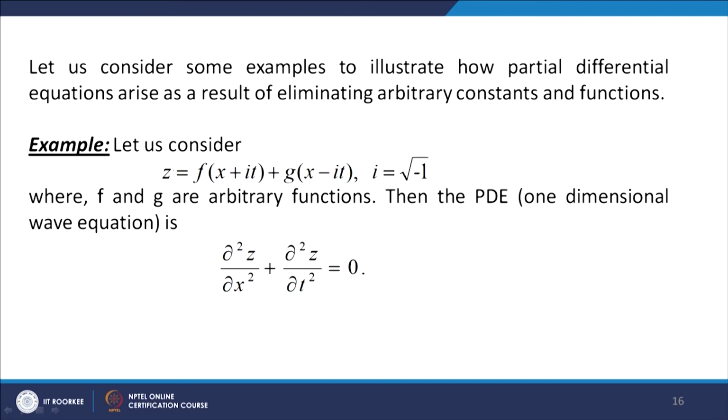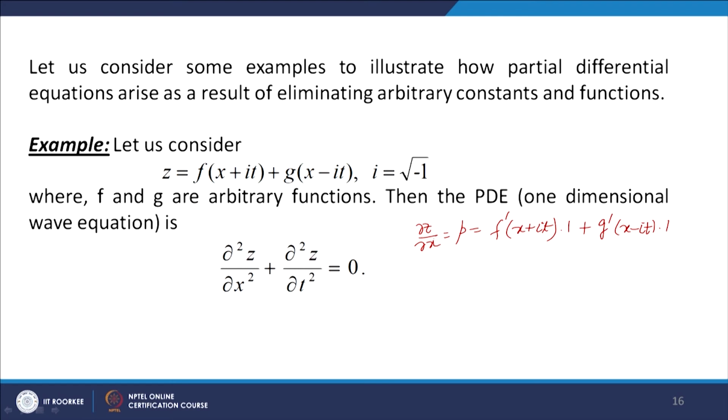So, let us differentiate it partially with respect to x. So, p will be equal to f dash (x plus it). We can take x plus it as u. So, f dash u into partial derivative of u with respect to x, which is 1, plus g dash (x minus it), where x minus it we can write as v, into partial derivative of v with respect to x, which is 1. This is the derivative of z with respect to x.